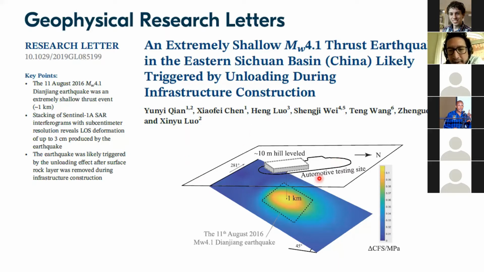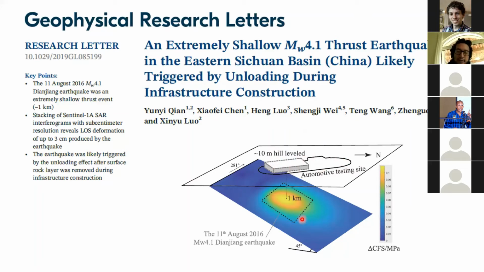The closest that I found is a report of the construction of a big car industry facility in China, where the authors computed the stresses that were induced on the fault.